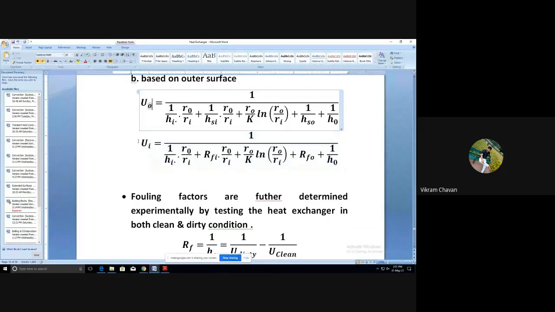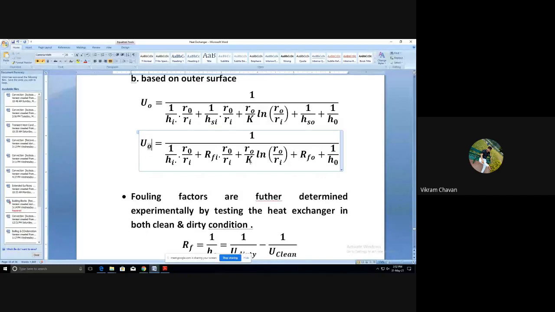Then you will get the overall heat transfer coefficient on the basis of outer surface area, that is U_o is equal to 1 divided by [1 upon h_i multiplied by r_o divided by r_i, plus R_Fi multiplied by r_o divided by r_i, plus r_o divided by k multiplied by ln of r_o divided by r_i, plus R_Fo, plus 1 upon h_o].